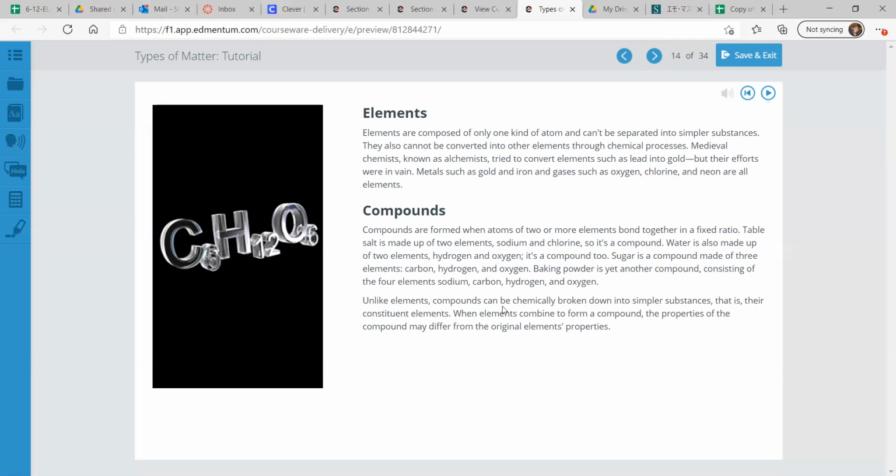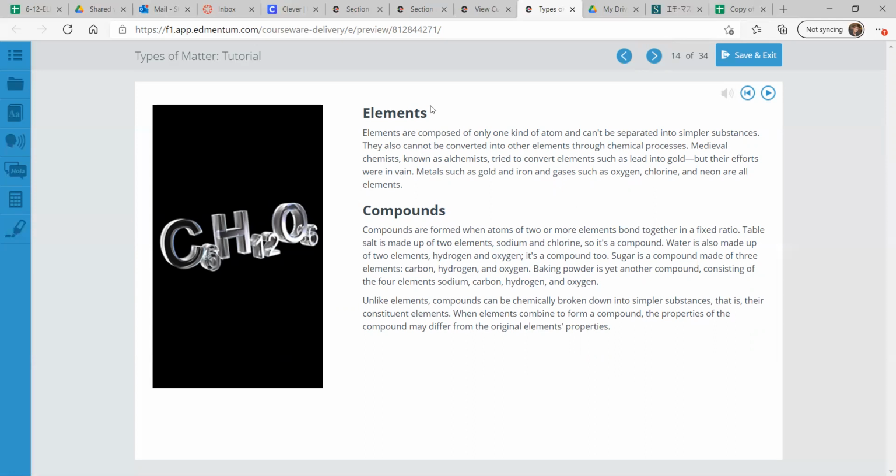Water is also made up of two elements, hydrogen and oxygen. Water is a compound. Table salt, which is sodium chloride, is a compound. Sugar is a compound made of three elements, carbon, hydrogen, oxygen. Baking powder is another compound that has four elements, sodium, carbon, hydrogen, and oxygen.